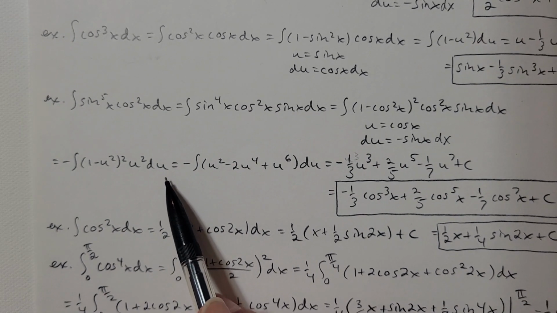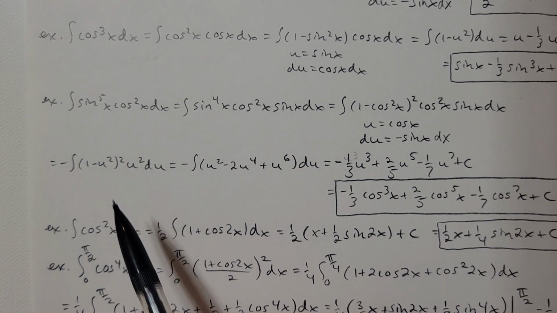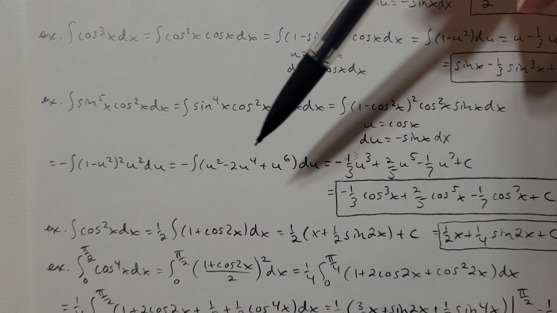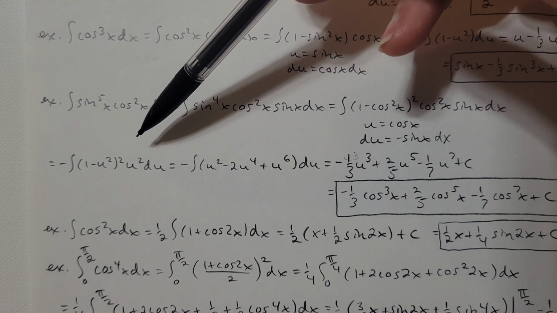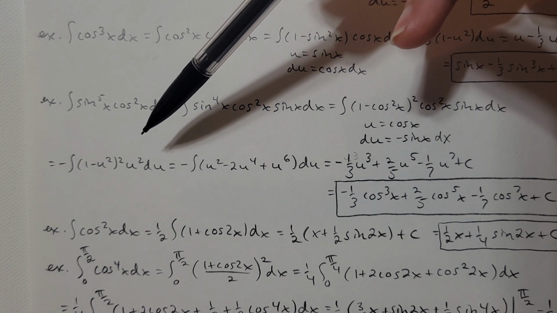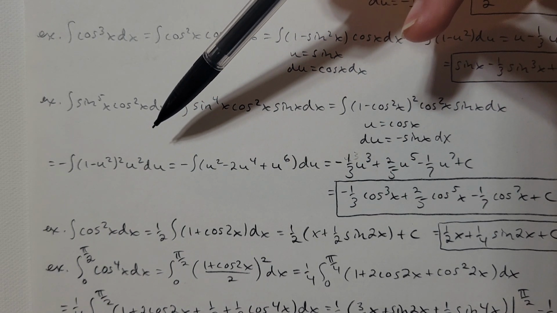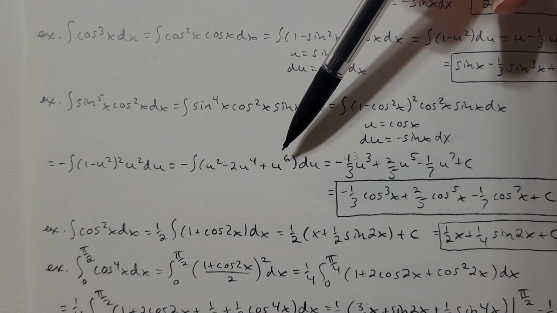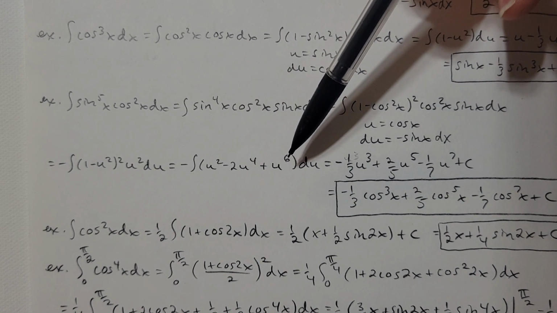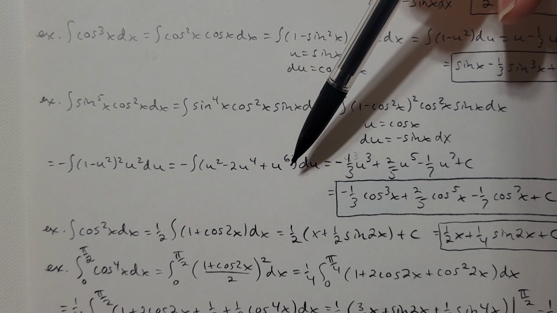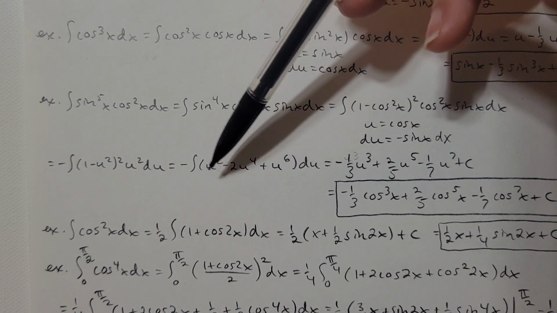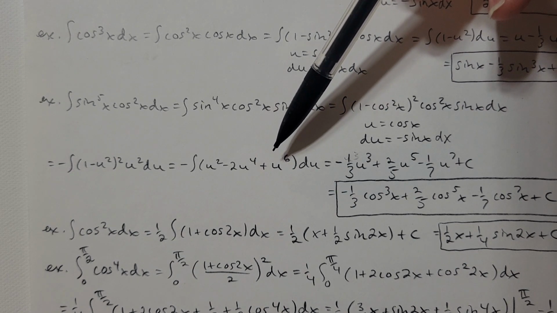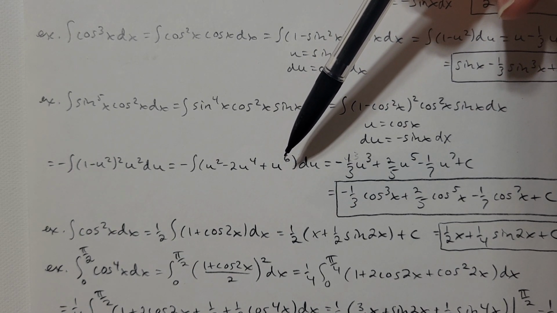Then the next thing I'm doing is, if I FOIL out 1 minus u squared squared, that's 1 minus 2u squared plus u to the 4th. And then I'm distributing the u squared into those three terms. I'm at this part here, and now I can get the antiderivative.